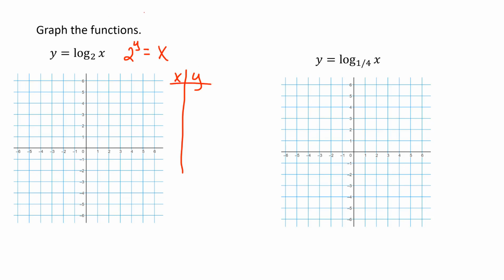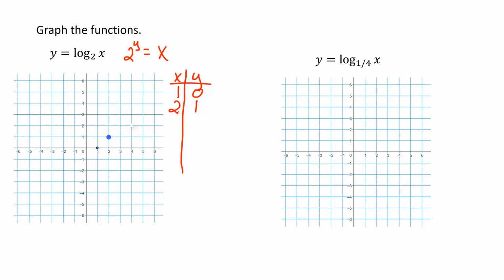So if I put in the y values now, instead of putting in the x values, because the y is in the exponent here, if I put in 0 for y, now I'm getting 1 for x, because 2 to the 0 is 1. So the point (1, 0) is on here instead of the point (0, 1), like it would be if we were talking about the exponential function. And then if I put 1 for y, 2 to the first power is 2.